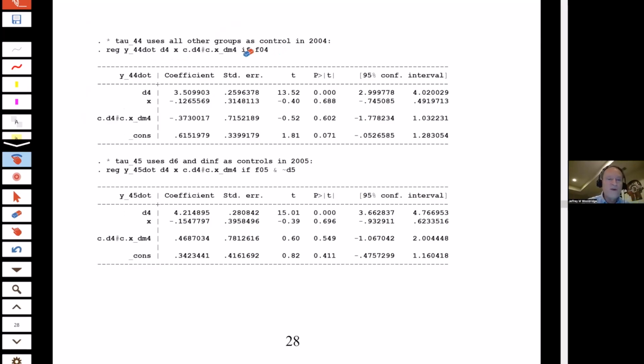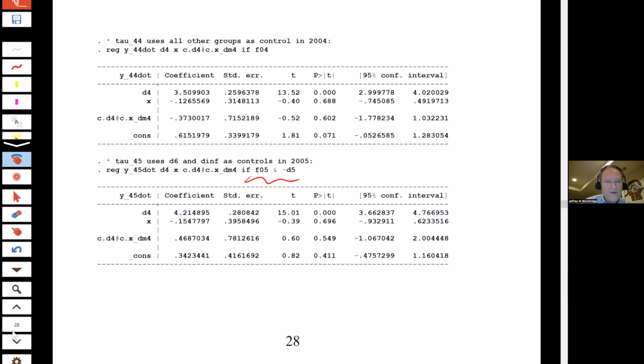Then when I go to 2005 for this cohort, I can't use those units treated in 2005, so I use the cohort yet to be treated in 2006 and the never treated cohort. Hopefully that command is correct.